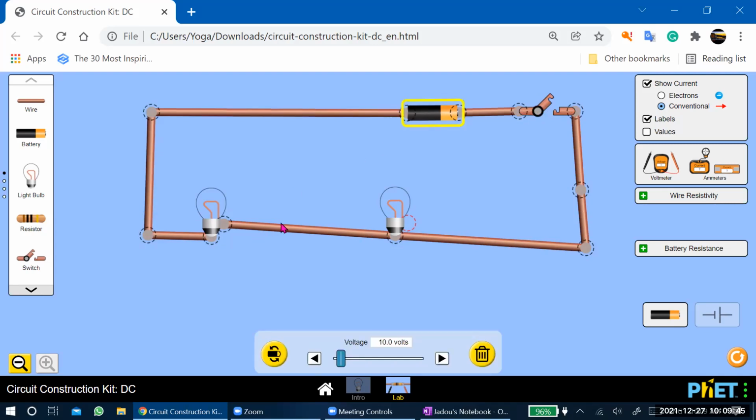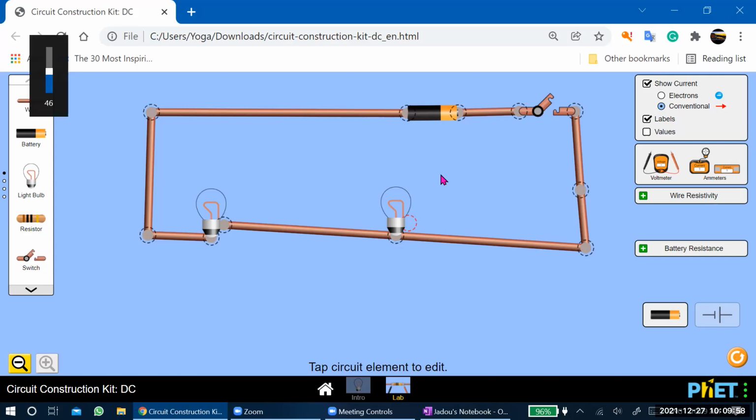What will be the voltage across each of these two lamps? Will the voltage be equal, or the current in this circuit? The current would be equal. Okay, great. But the voltage is additive. So let's check it out.